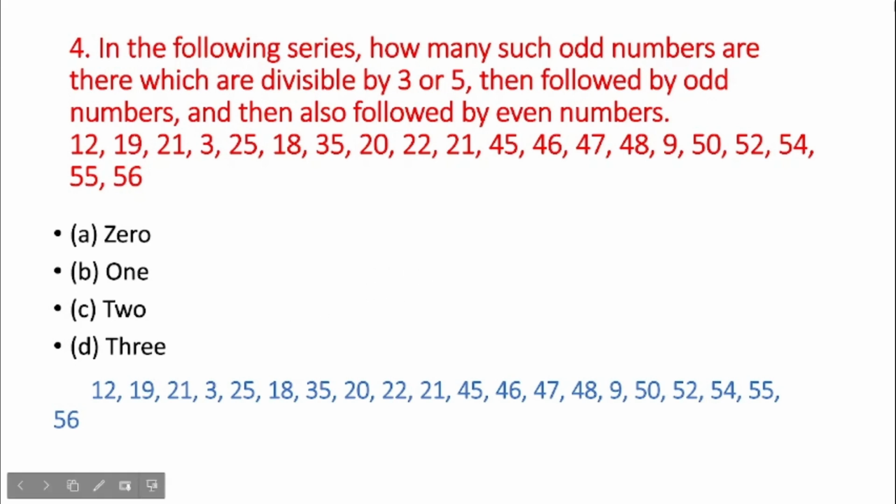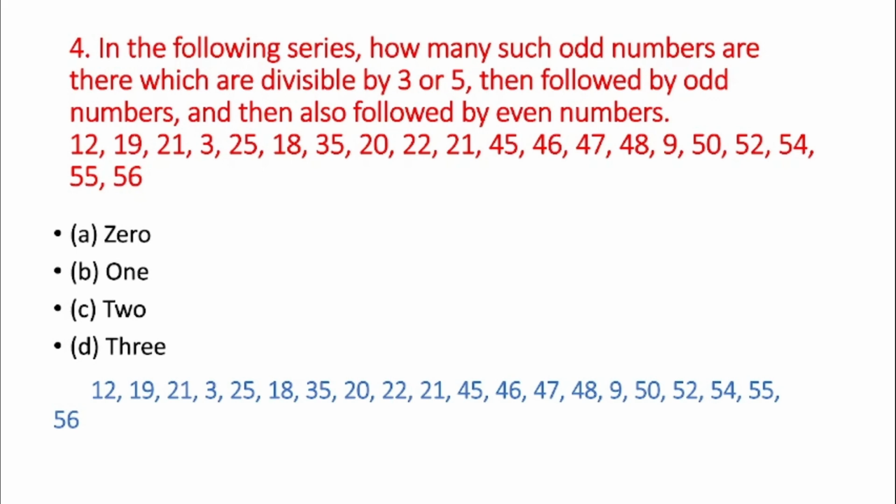Let's see. In the following series, how many such odd numbers are there which are divisible by 3 or 5, then followed by odd numbers, and then also followed by even numbers?